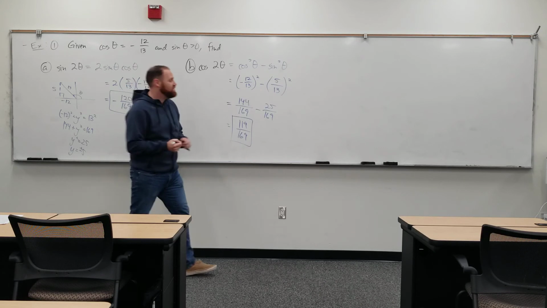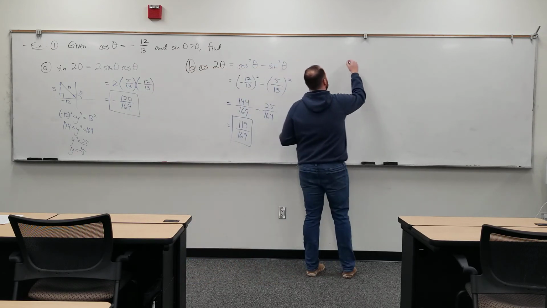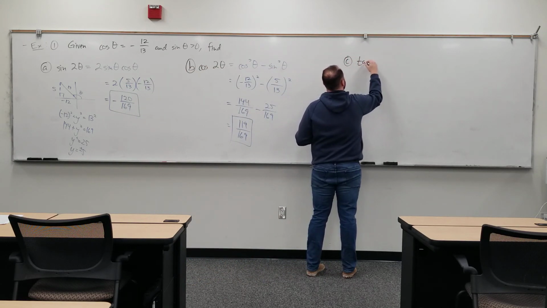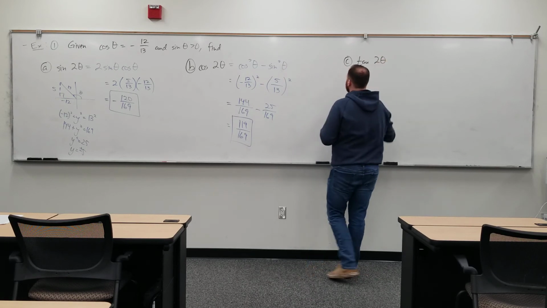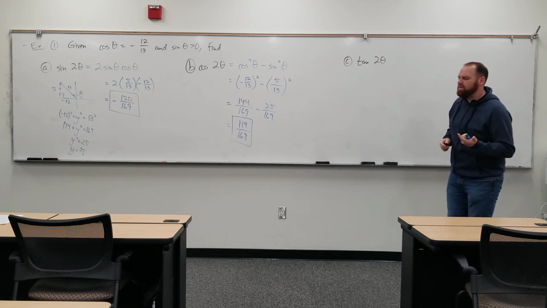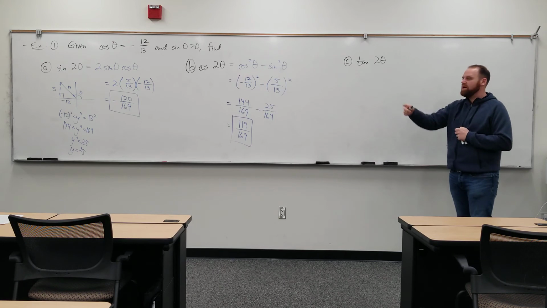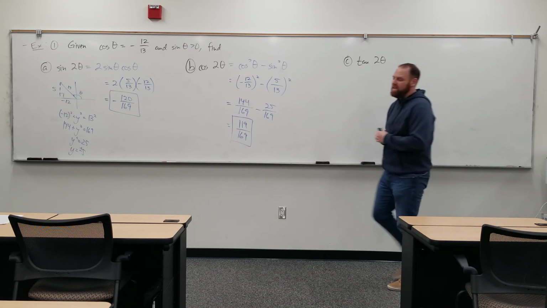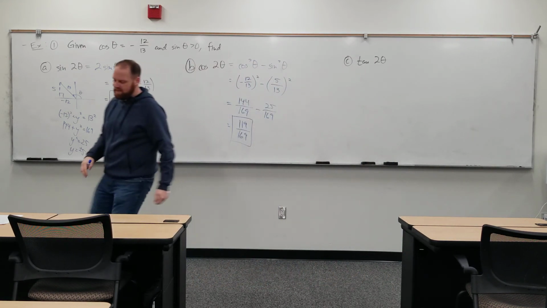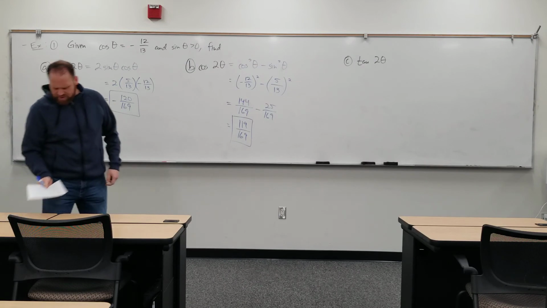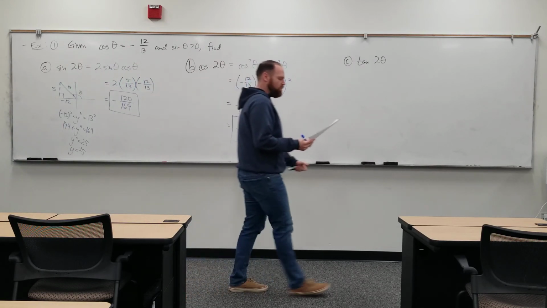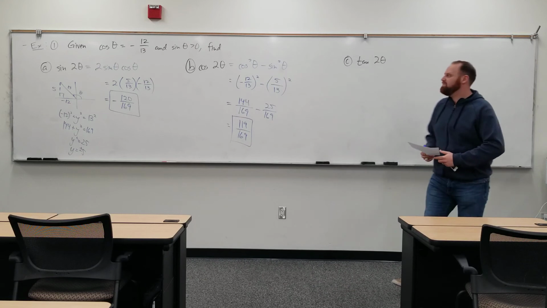We can also do tangent 2 theta. One way that we could get tangent 2 theta is to use the identity listed on your page. And honestly, I don't have that one memorized. It's 2 tangent theta over 1 minus tangent squared theta.